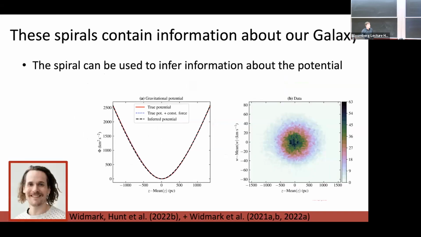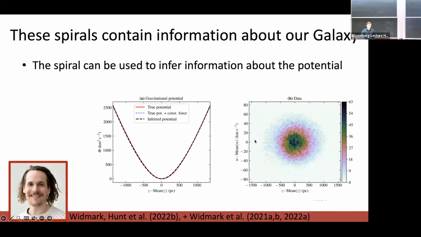And the reason we're interested in these spirals is because they contain information about our galaxy. So it's a study of four papers from Axel Widmark showing that you can use the shape of the spiral to constrain the local galactic potential, because you know the orbital tracks in that space. You know how stars should move, and if they're shearing out into a spiral, you can back out the potential information. I'm not going to talk in detail about this project.